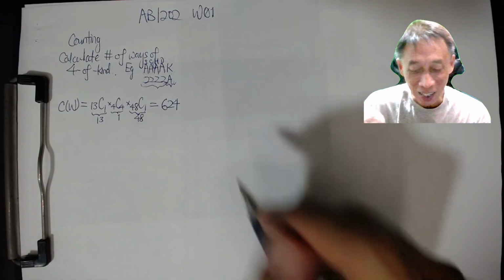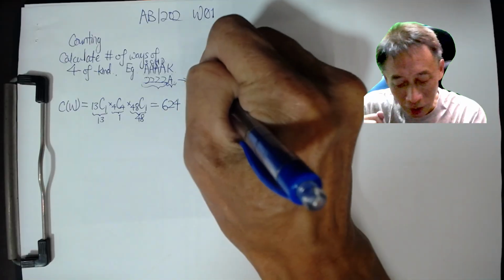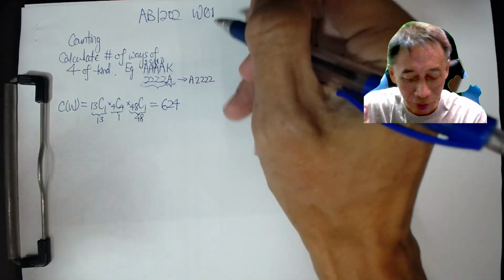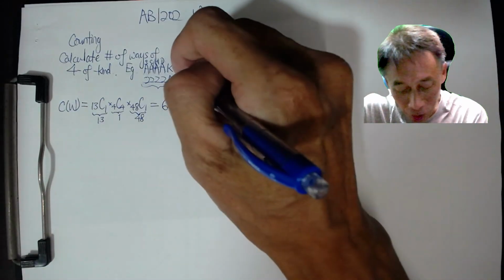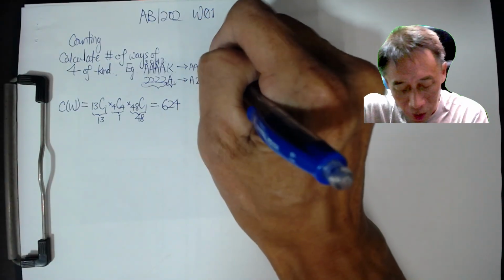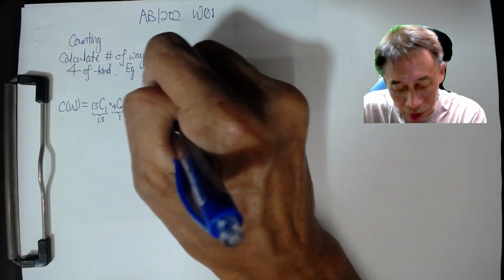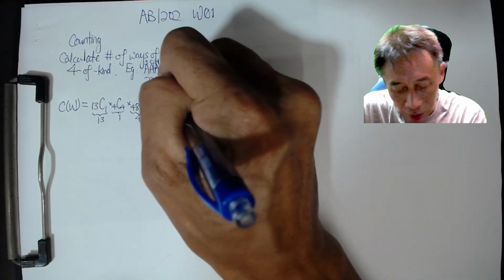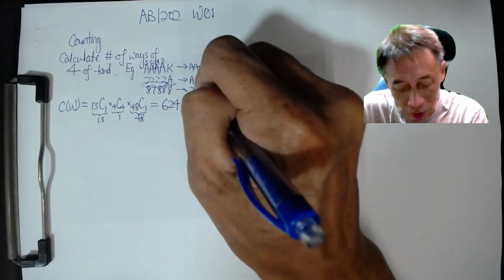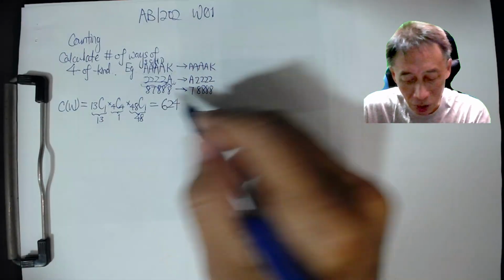When I say standardized listing, that means sorted with the smallest number first, and the four of a kind or whatever it is put together. So this standardized form is AAAAK. The standardized form for 87888 is going to be 78888, like this. We put the smallest first.